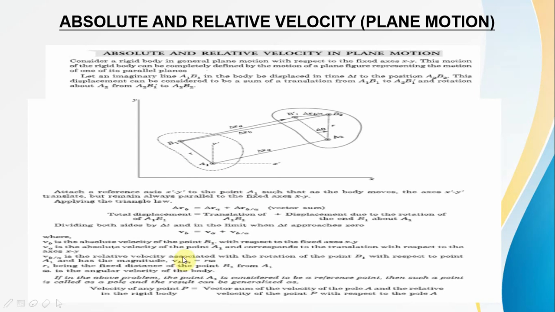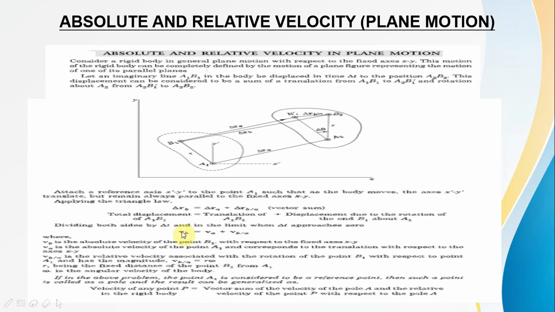And VB upon A is a relative velocity, from here to here. So this is a relative velocity. So basically, this VB is the sum of the absolute velocity VA and the relative velocity of VB with respect to A, right?